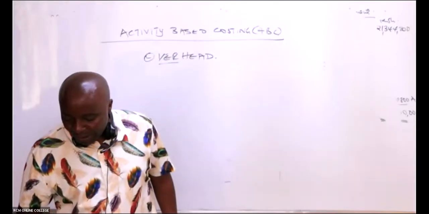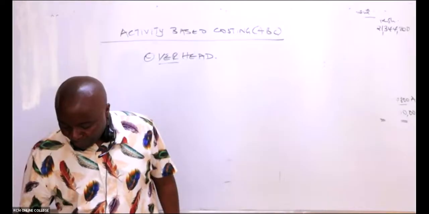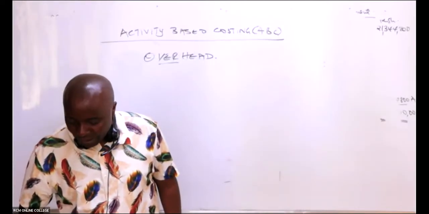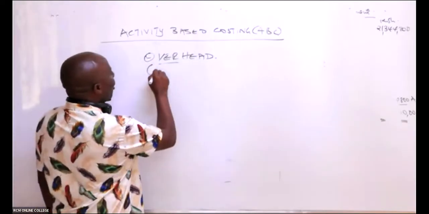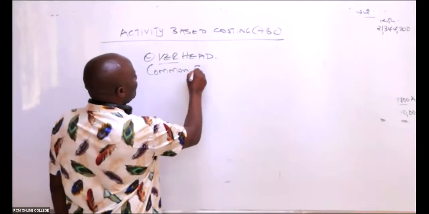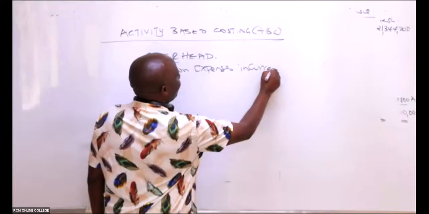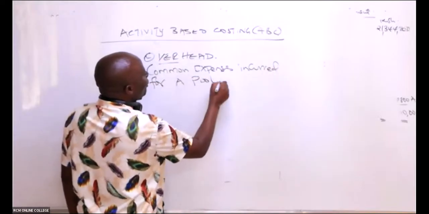These common expenses, at the end of the day, will need what we call apportionment. They are common expenses incurred for the benefit of many units, a pool of units.